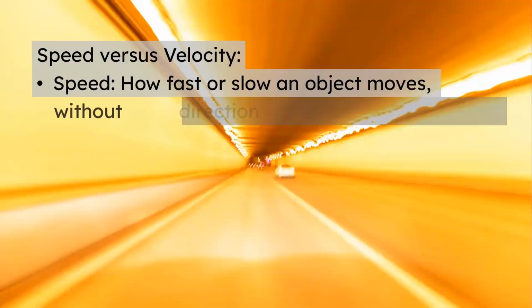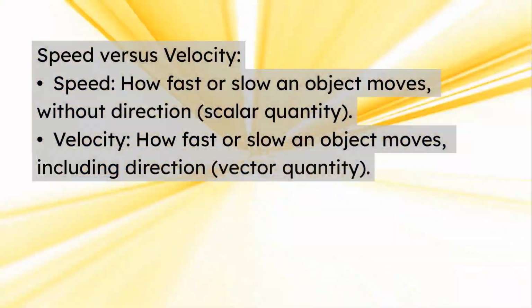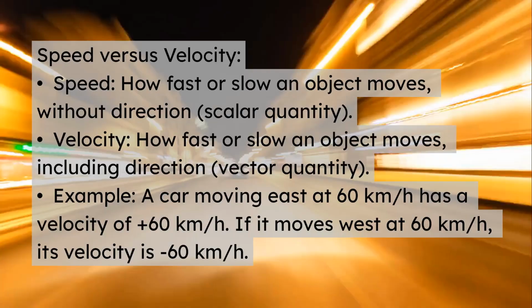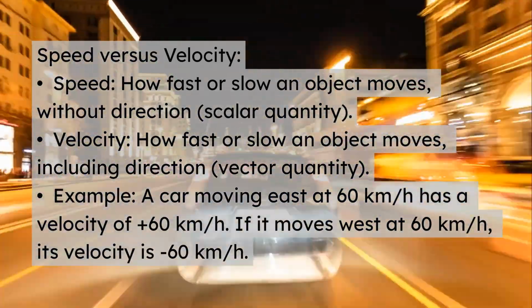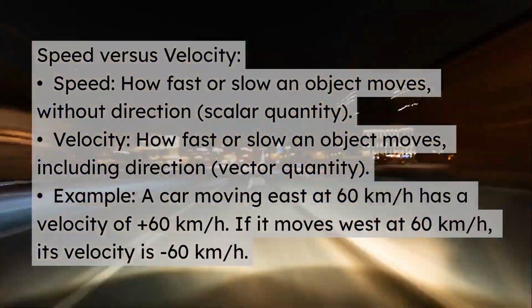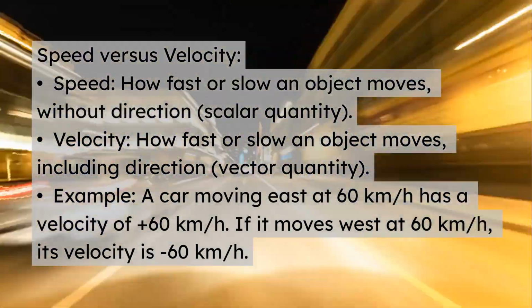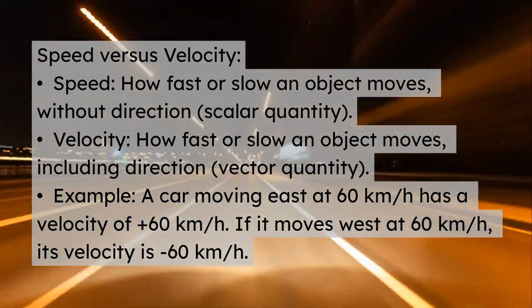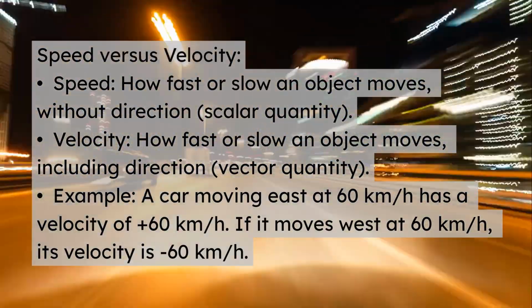Speed versus velocity. Speed. How fast or slow an object moves, without direction, scalar quantity. Velocity. How fast or slow an object moves, including direction, vector quantity. Example, a car moving east at 60 km per hour has a velocity of plus 60 km per hour.